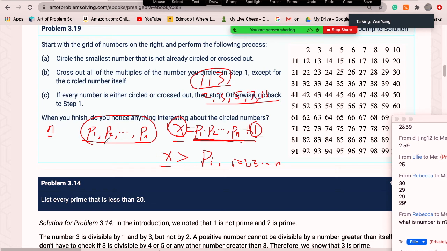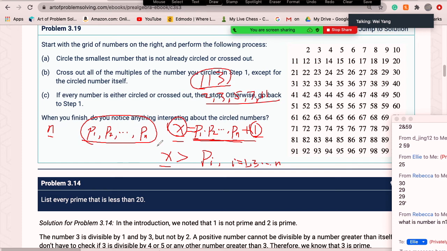That makes sense. So this is a contradiction, right? We supposed there is only a limited number of prime numbers, p1, p2 to pn. But now we got a number x that is greater than all these prime numbers, so it should not be a prime number, because all the prime numbers are already here.